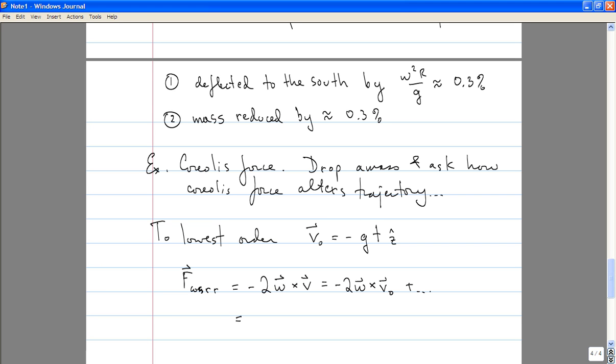Omega has a term proportional to z hat, which of course vanishes when we cross it with z hat, and a term proportional to y hat, which was omega cosine lambda y hat. And y hat cross z hat is equal to x hat. So we have a minus gt x hat.